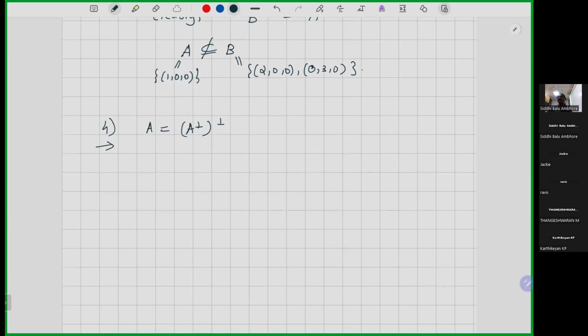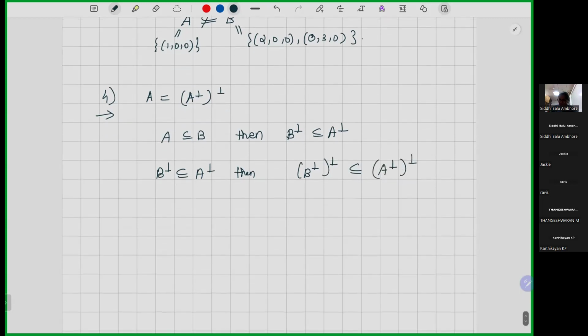Okay, we will see why. Because see, if A is contained in B, then B perp is contained in A perp, and if I again take complements, and so on.